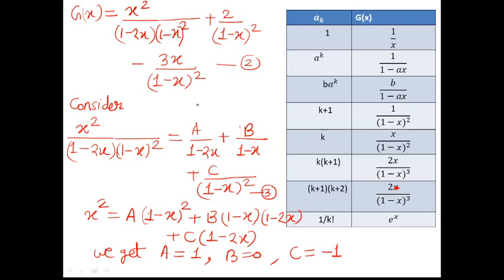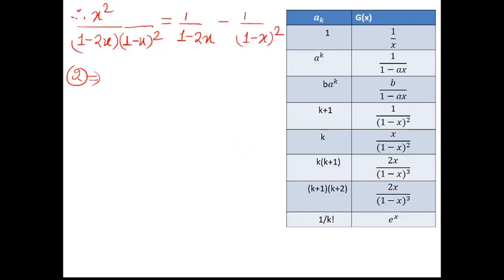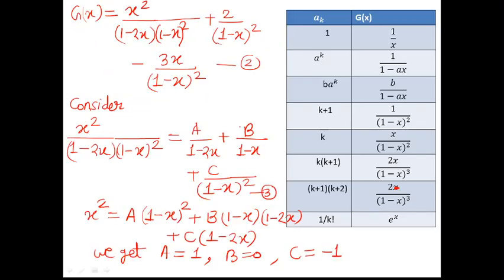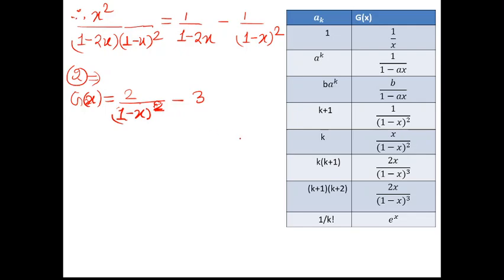g of x is equal to 2 upon 1 minus x whole square, then minus 3x upon 1 minus x whole square, then this value, that is plus 1 upon 1 minus 2x minus 1 upon 1 minus x whole square.